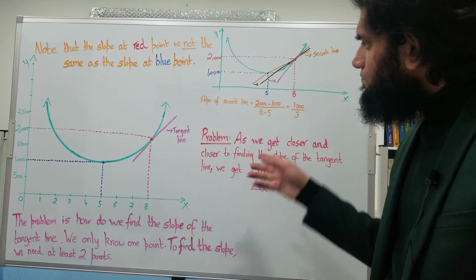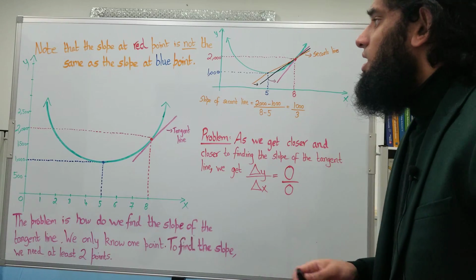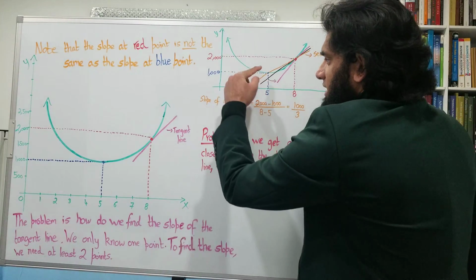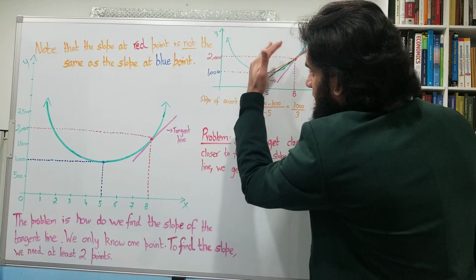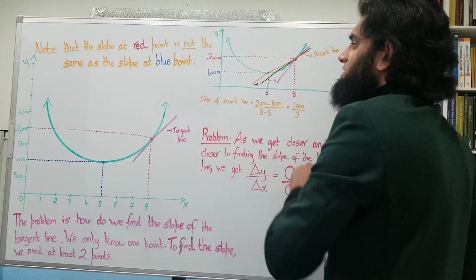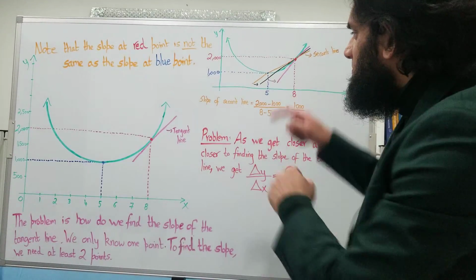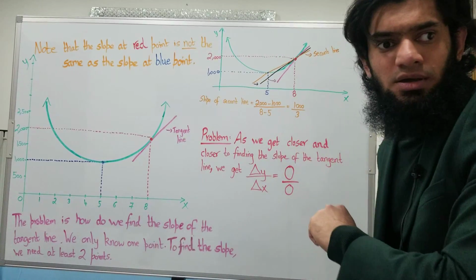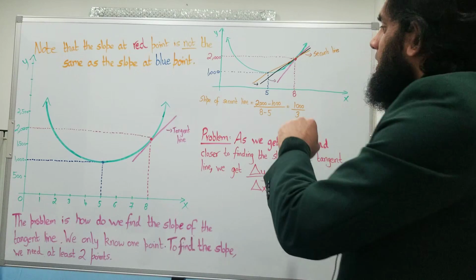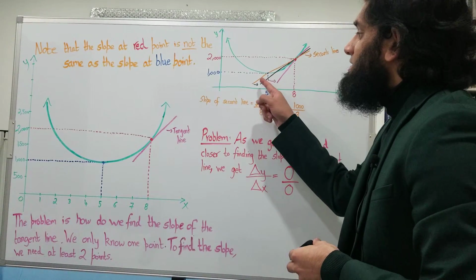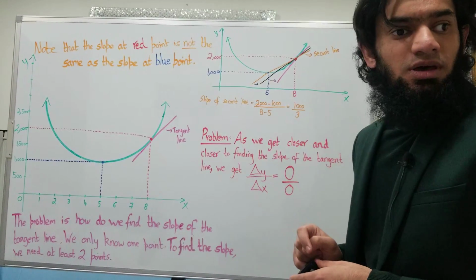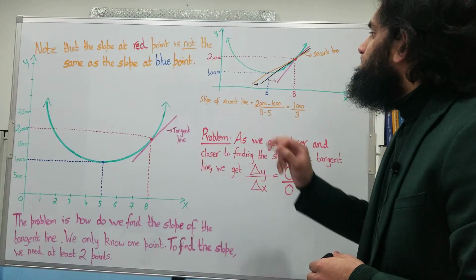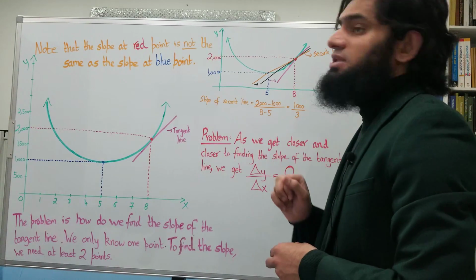Okay. But the idea here is that we can bring this orange line closer and closer to this red point, right? So we can bring this blue point closer and closer to this red point until this orange line becomes our purple line, right?